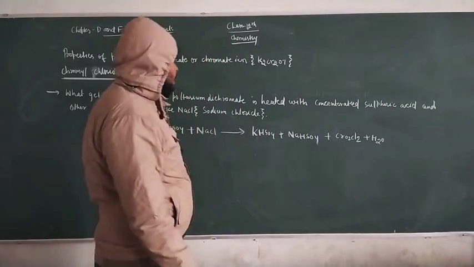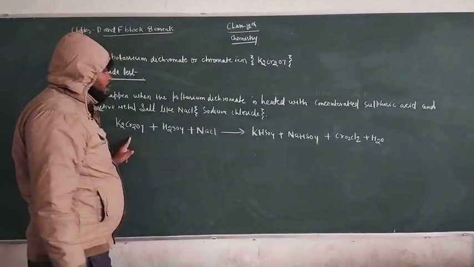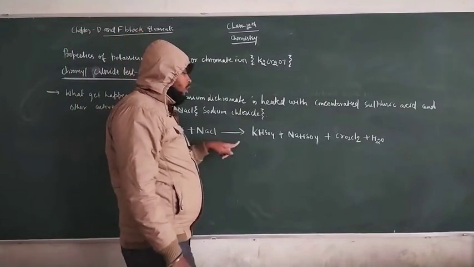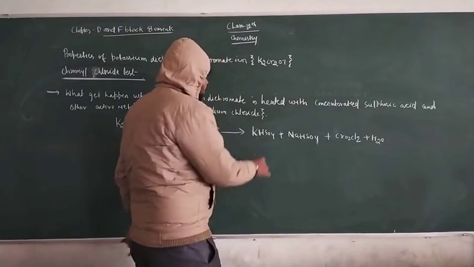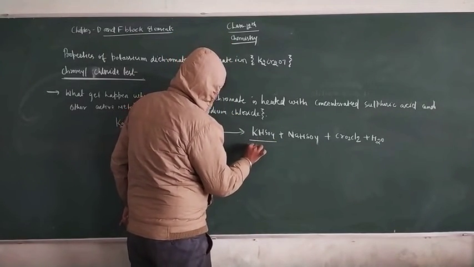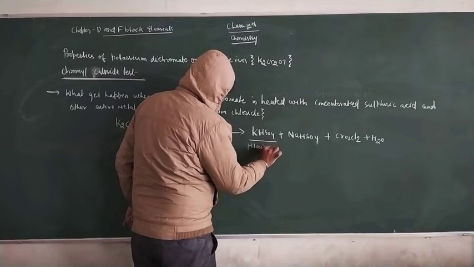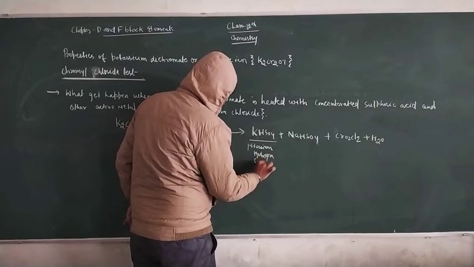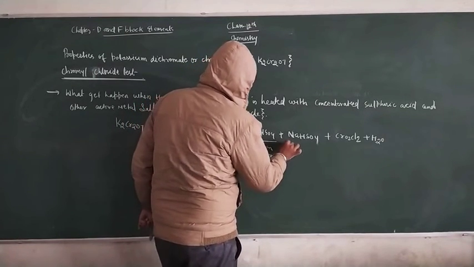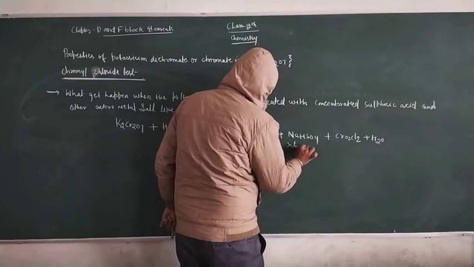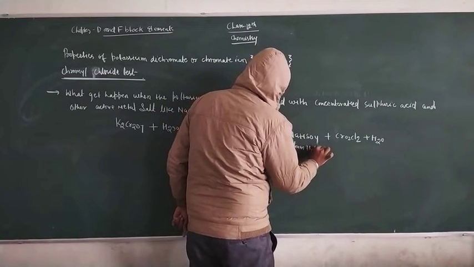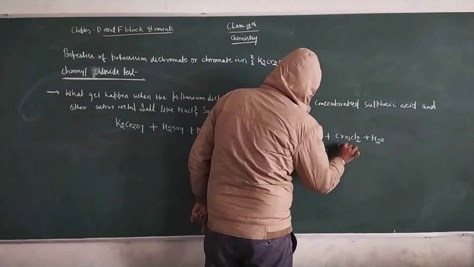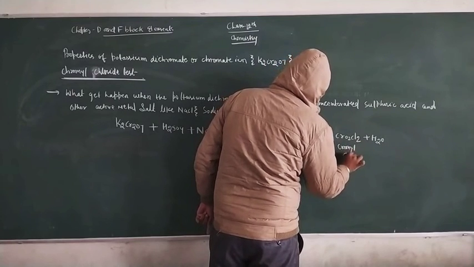That means potassium dichromate combined with concentrated sulfuric acid and NaCl gives the resultant potassium hydrogen sulfate, sodium hydrogen sulfate, and chromyl chloride.